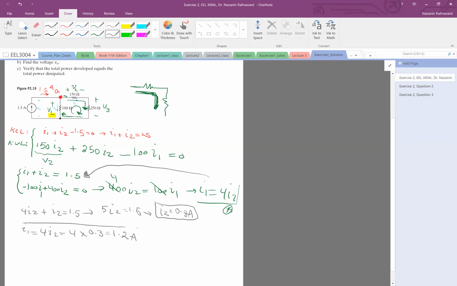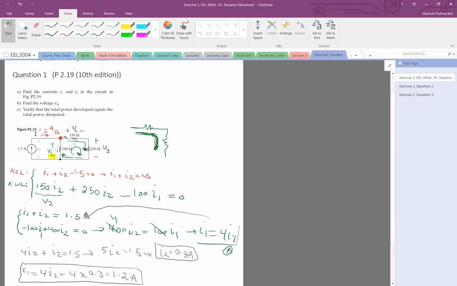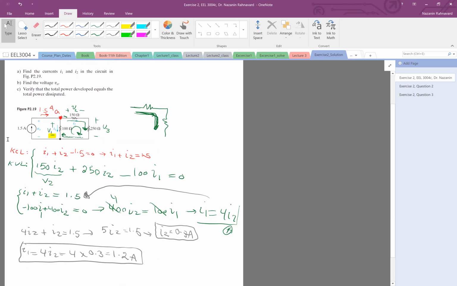Very good, and then we can double check. If I1 is 1.2 and I2 is 0.3, the summation is 1.5. That's good. We can also check the KVL, but I guess we did it correctly. So this is part A. Part B says find the voltage VO.